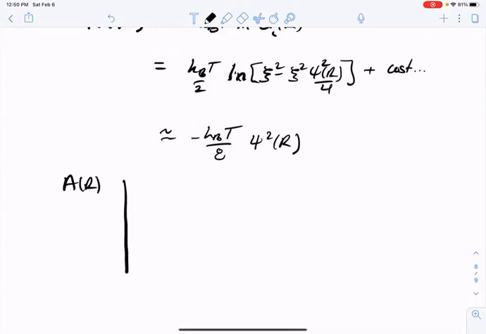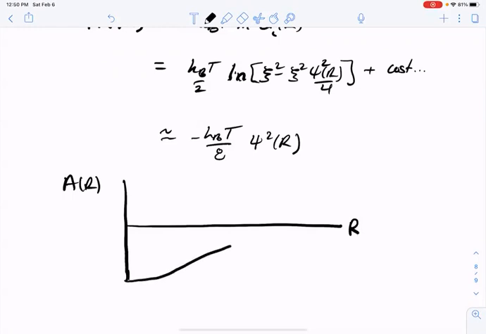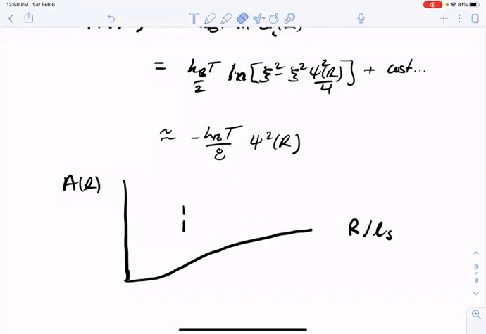And the functional form of A of r, if you were to work out what this Kelvin function looks like, the function of r looks something like this, where this is in units of that characteristic length, Ls, 1, 2, or 3.